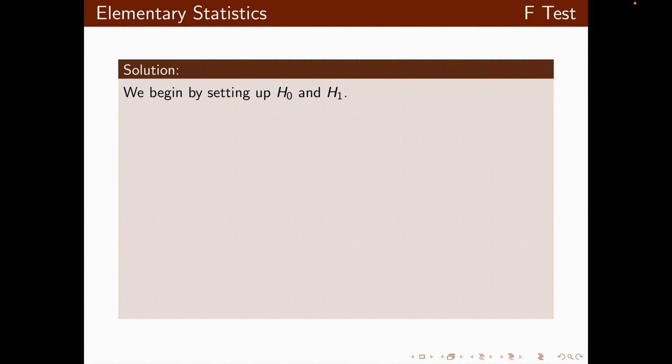So let's set up H0 and H1. H0 will be sigma 1 is less than or equal to sigma 2, and H1 will be sigma 1 is greater than sigma 2. This was stated in the problem. The claim is H1, and it's a right tail test.